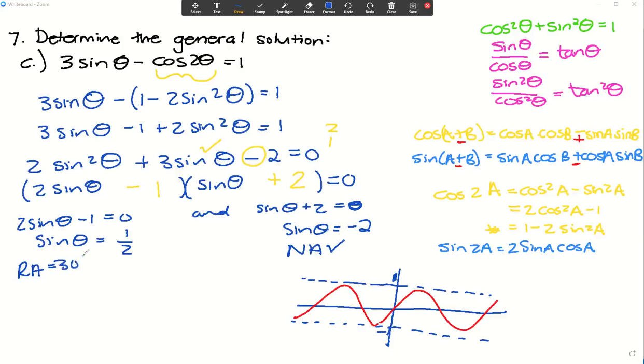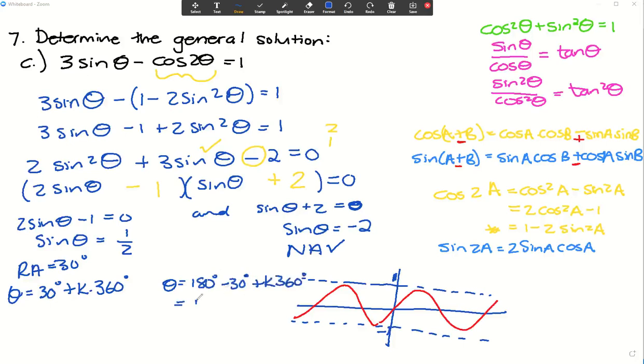My reference angle is 30 degrees, but I know that my general solution for sine has two of them. The one is 30 degrees plus k times 360, and the other one is theta is equal to 180 minus 30 plus k times 360 degrees.